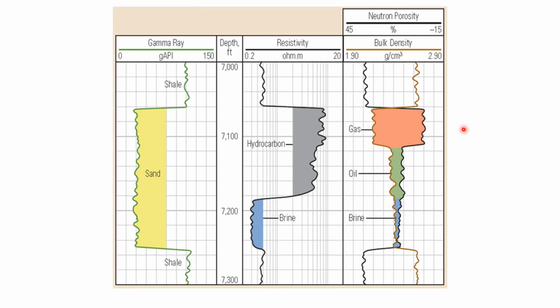I'll explain with an example. If you are looking for the lithology and stratigraphic correlation, then we go for the electrical log and also the nuclear logs. If you want to know the porosity or the bulk density, then we go for the sonic logs or gamma logs or the neutron logs also.